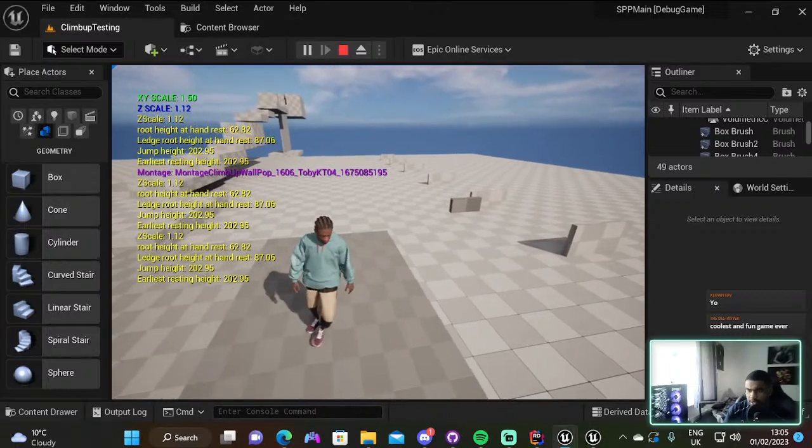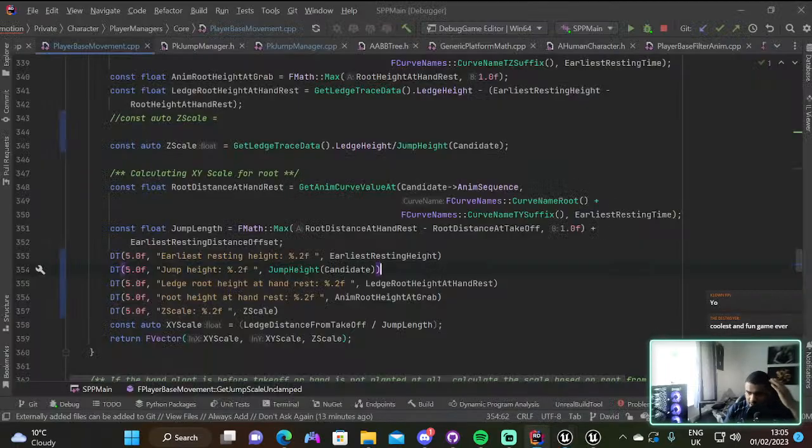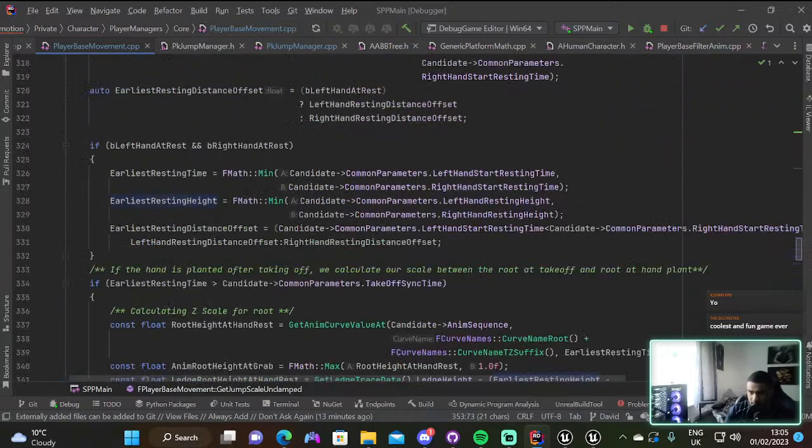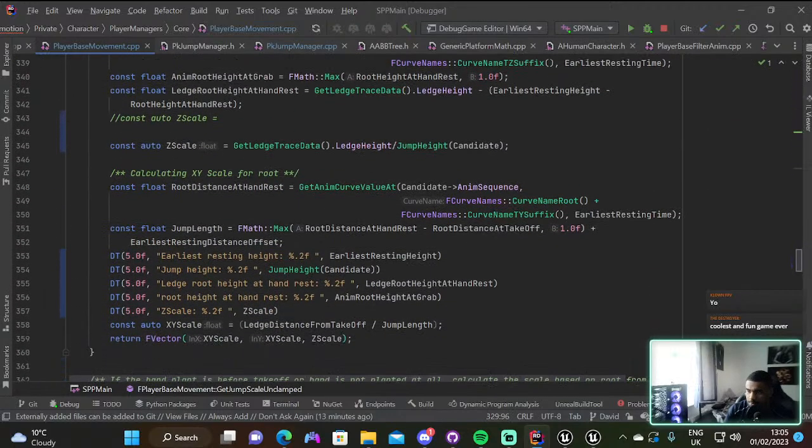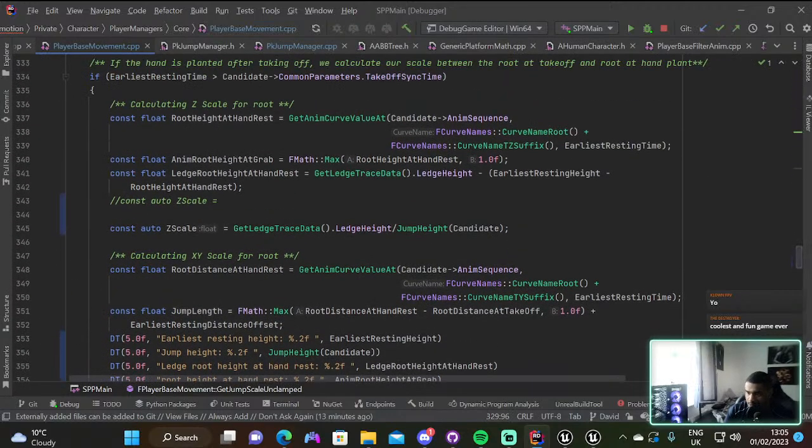Okay, so the earliest resting height and the jump height are the same. So we calculate the same values, right? So that is the same as this, right? This is the same as that. So we don't necessarily need to do all this code here. But whatever, okay, so that's the same as that.